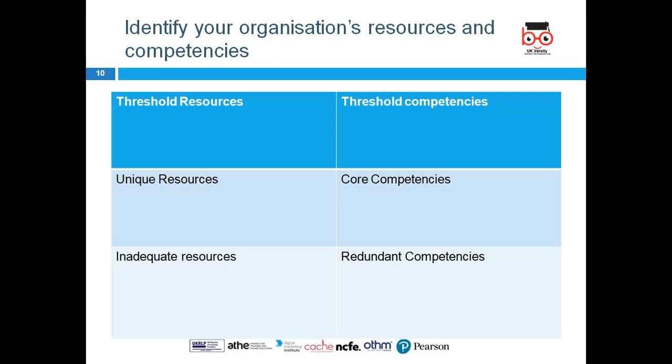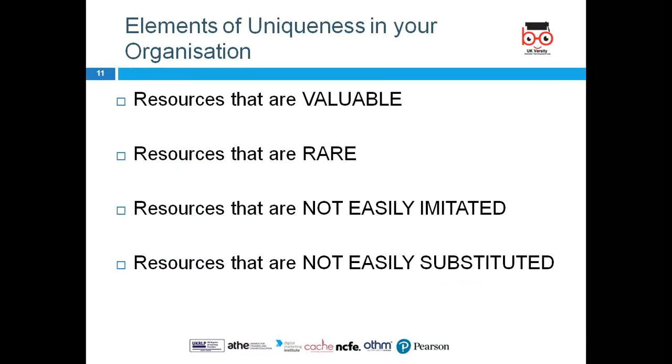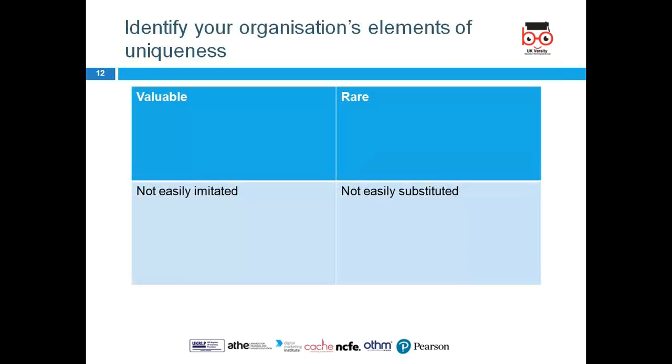Some competencies which we used to say we were competent in become outdated with the passage of time or with changes in technology. Then resources that are valuable, resources that are rare, resources that are not easily imitated, that no one can easily substitute.